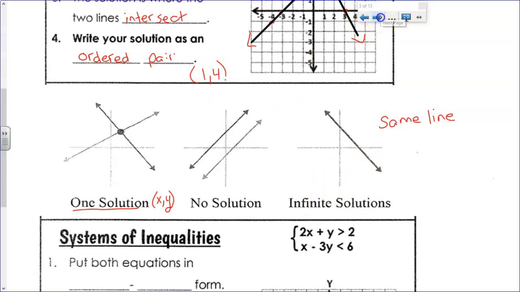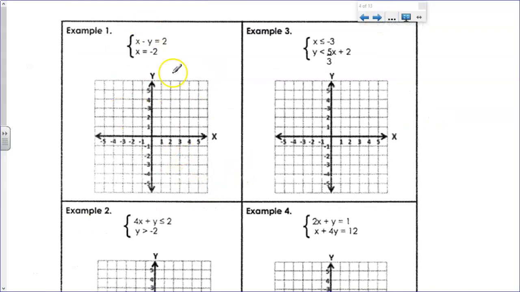Let's turn our page and look at this next problem. Step 1, we solve for y. We have x minus y equals 2. We're going to subtract x, because remember that's a positive x. That's going to leave me negative y equals negative x plus 2.